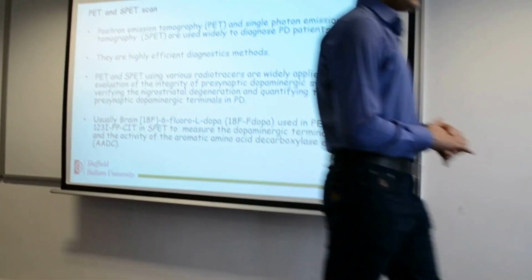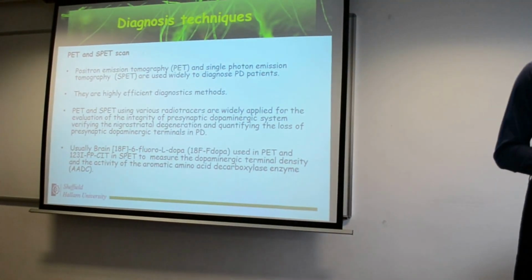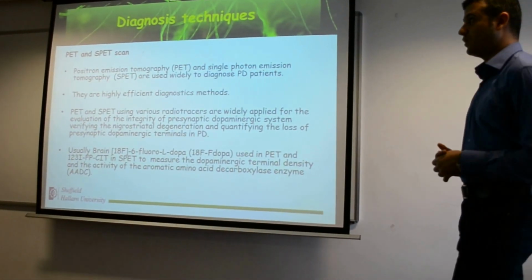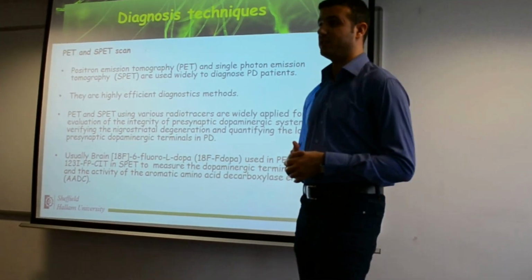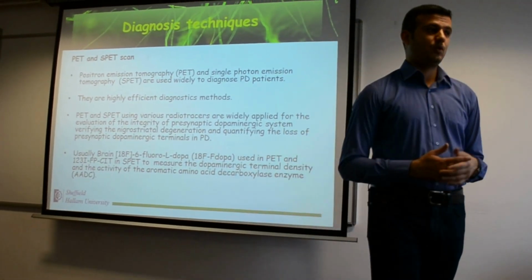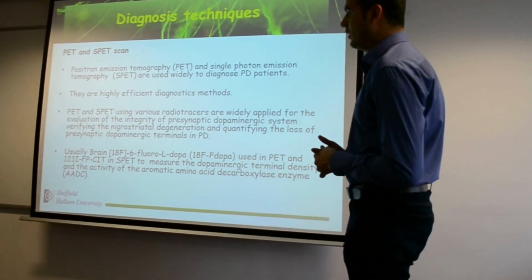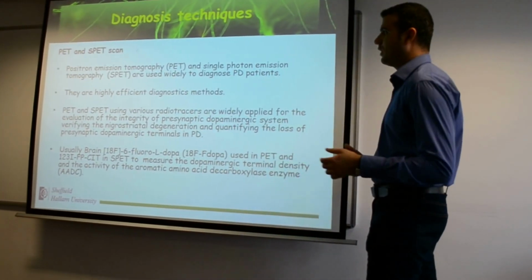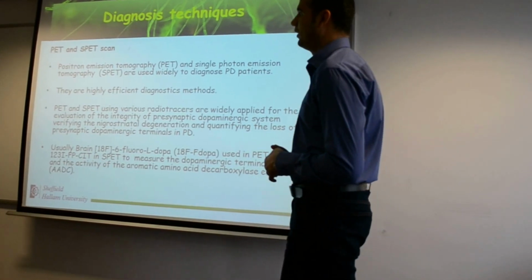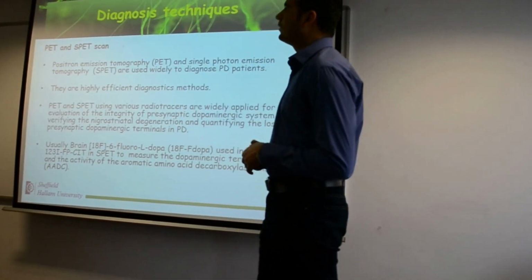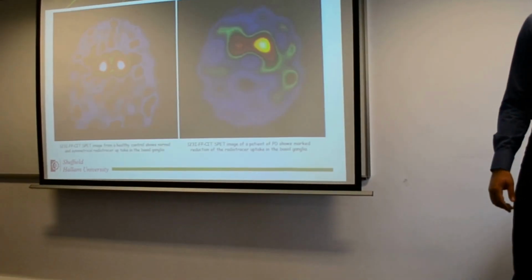Then the neurologist diagnosed that this lady suffered from early stage of Parkinson's disease. So they start to give her an initial dose of cabergoline and selegiline. My colleague here will talk about the treatment of Parkinson's disease.